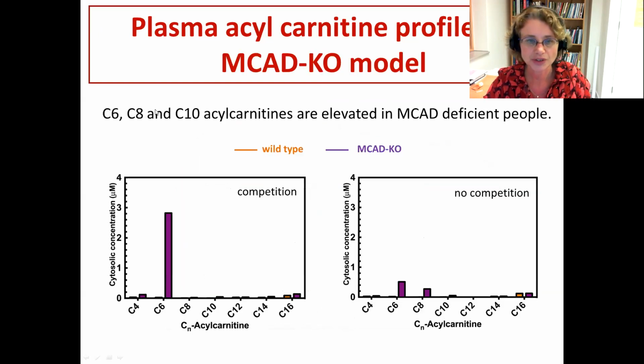And that's what you see in patients. That's also what we see in our model. And it doesn't matter whether we take the realistic model, the competition model, or whether we take the artificial model. We also see it accumulating, maybe a bit lesser, but still it accumulates. So that's no surprise. You wouldn't need to be a modeler to get insight into this.